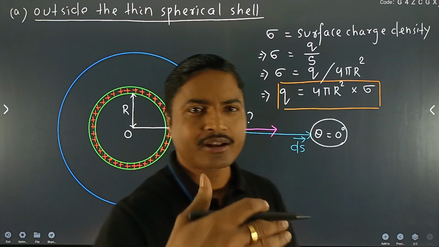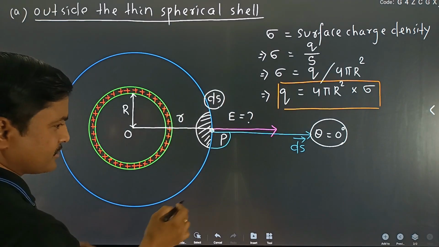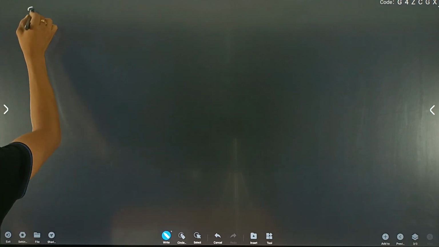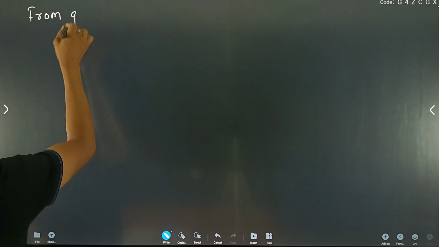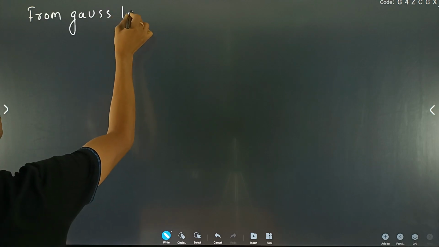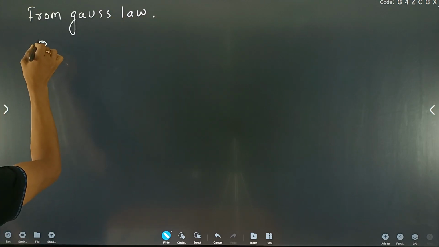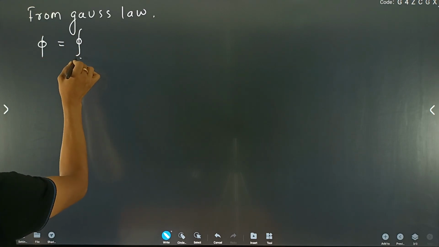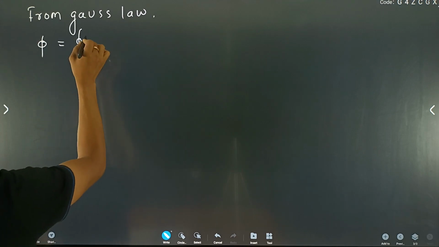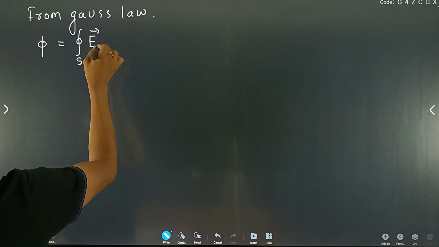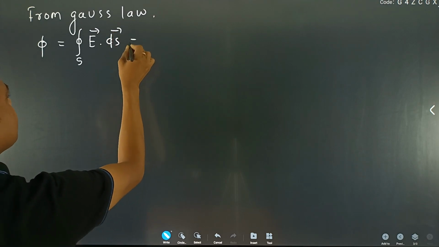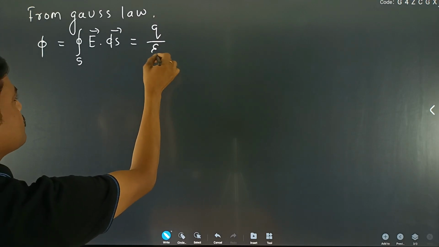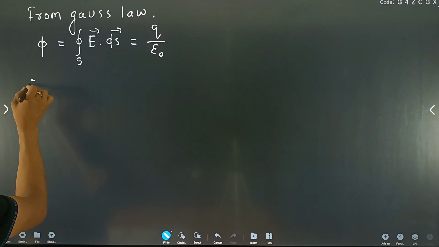Now we apply Gauss law for this Gaussian surface, and we know from Gauss law, phi, that is the electric flux, is equal to the integration over a closed surface of vector E dot ds vector, is equal to the total charge inside the Gaussian surface, not outside, divided by epsilon 0.